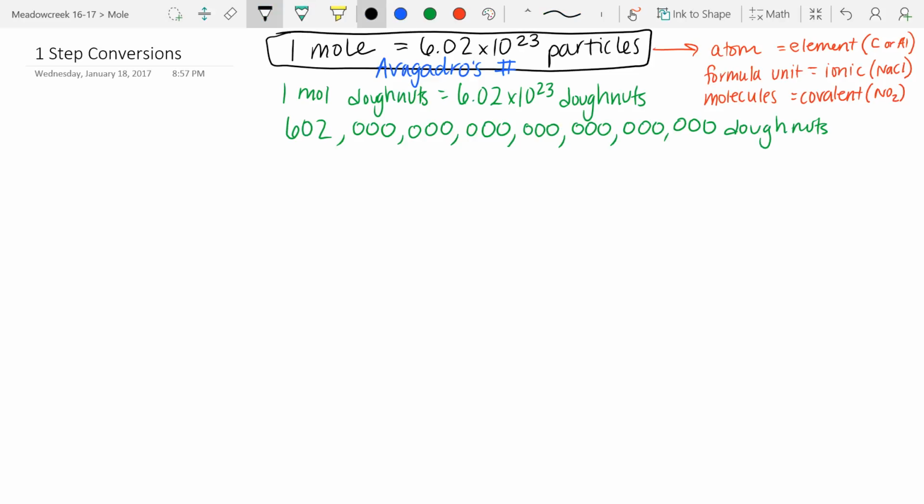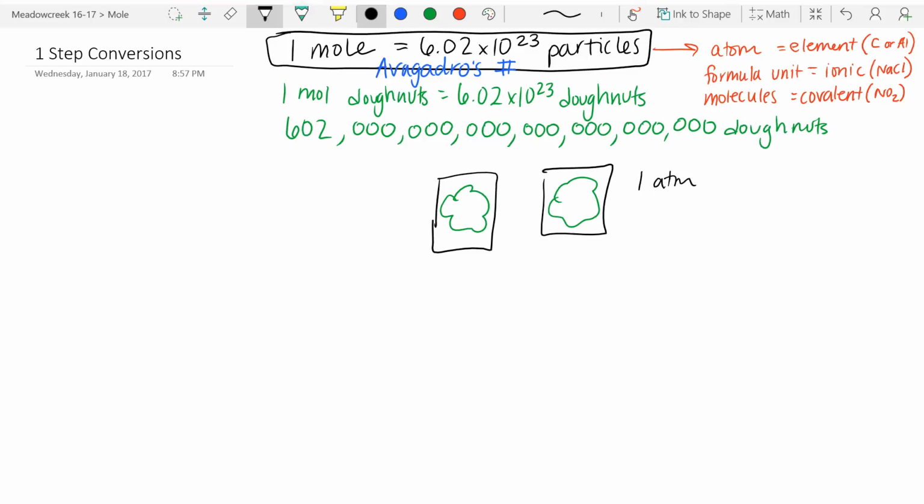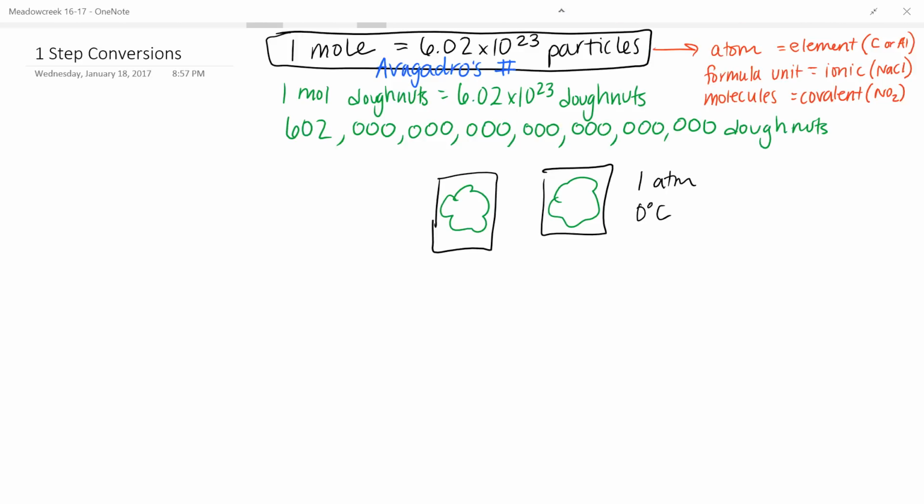The way he did this was he said, if we look at two systems that have gases in them, at the same pressure of 1 atmosphere and the same temperature, 0 degrees Celsius, then they should have the same number of particles inside them. And based on this assumption and a lot of other math, he figured out that that was that many particles.